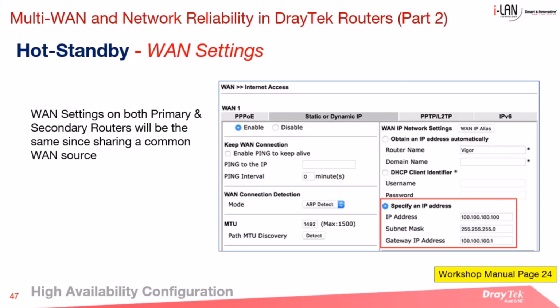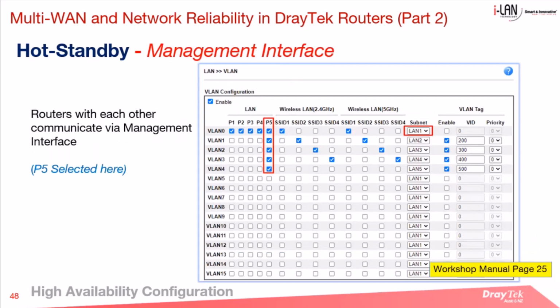The WAN settings on the primary router and the secondary router will be identical because they share a common WAN source. To ensure that the WAN configuration is accurate, you can check the online status of the router. To establish communication between the routers, you must choose a LAN port as a management interface.